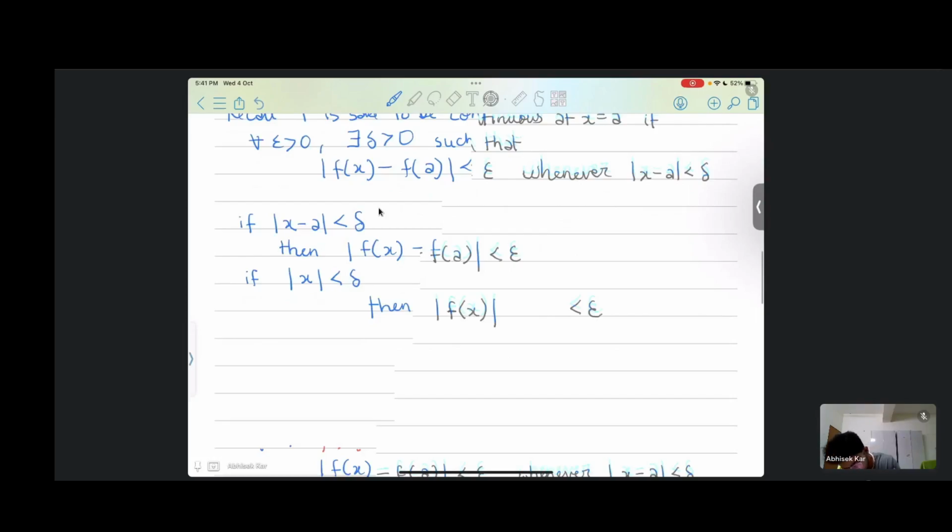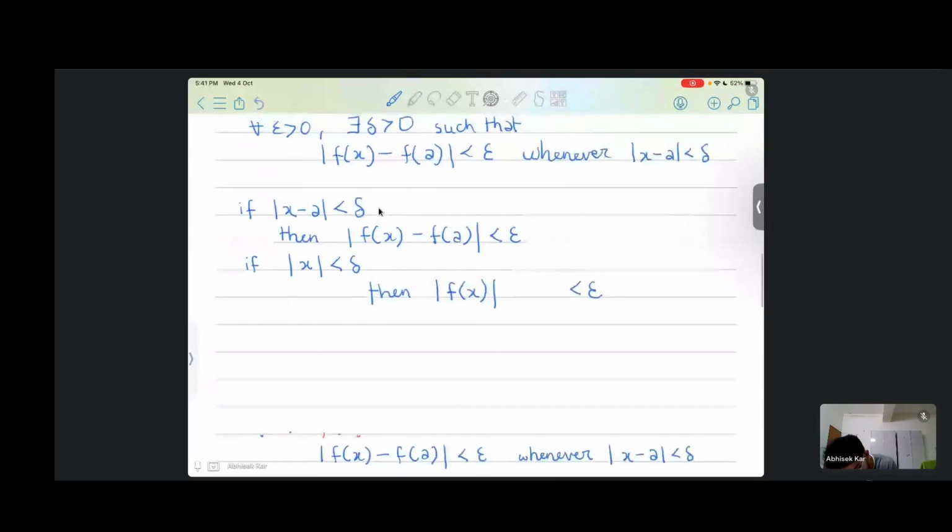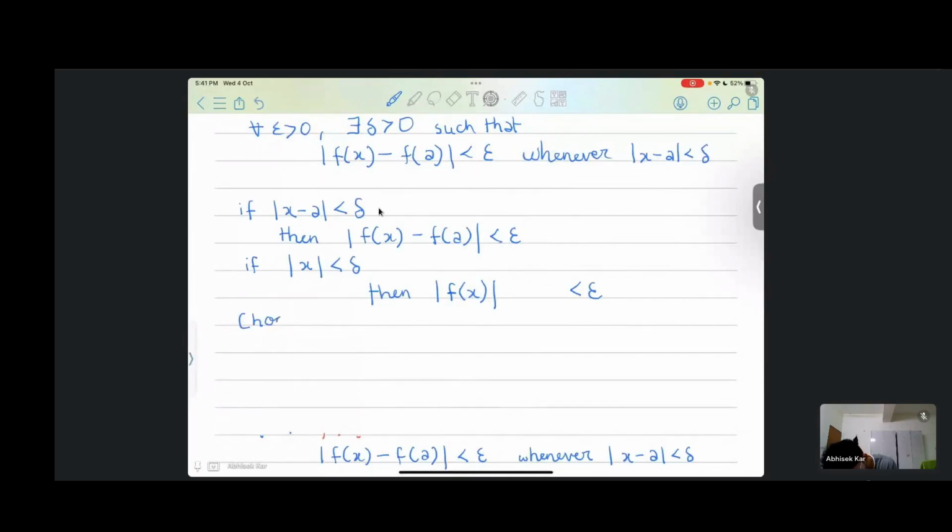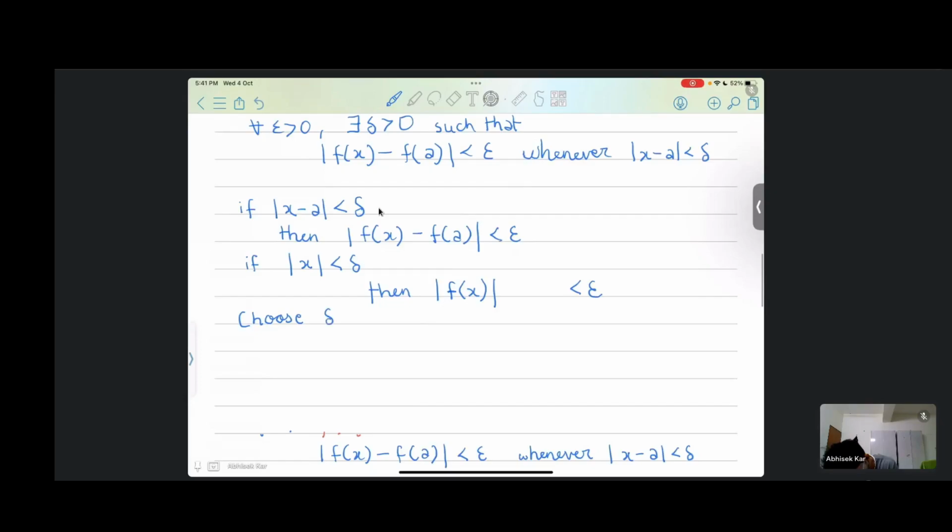I am saying that we need to find a delta, so choose delta equal to epsilon.